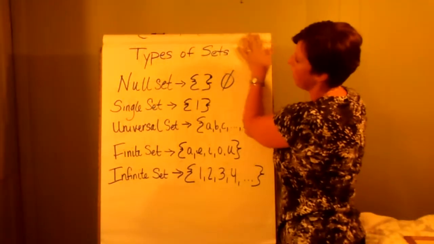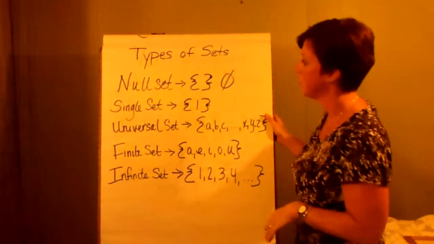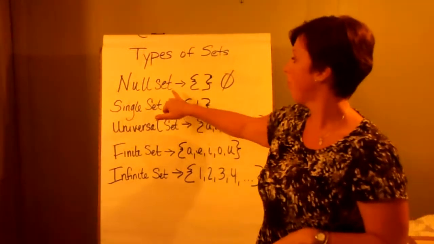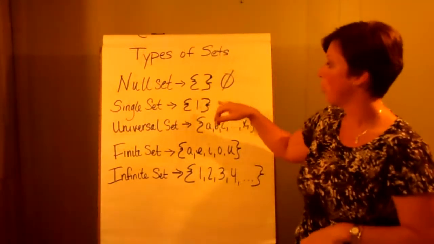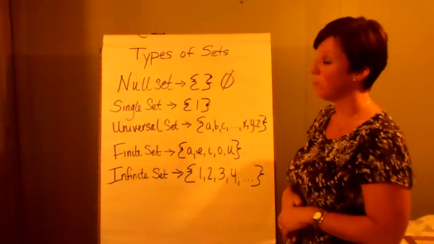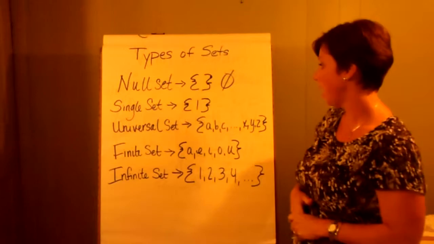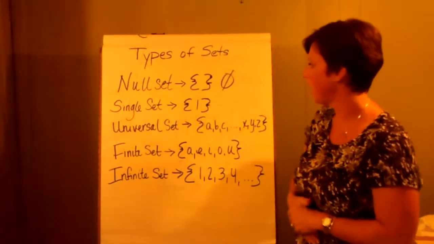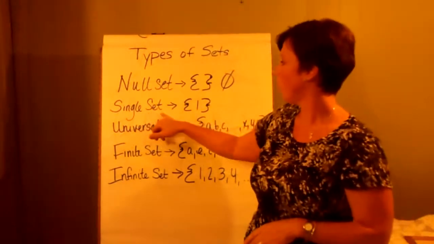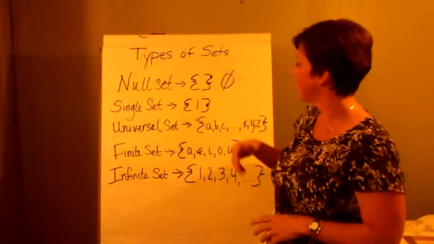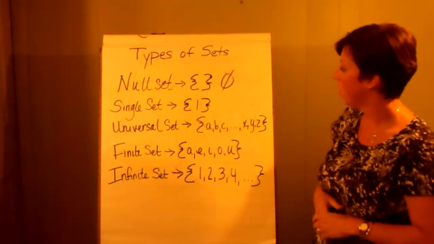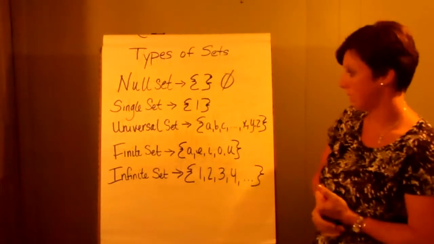There are different ways to classify sets. We have a null set, which contains no objects in the set. That's also represented by the symbol phi. We also have what we call a single set, which contains one object or member of that set.